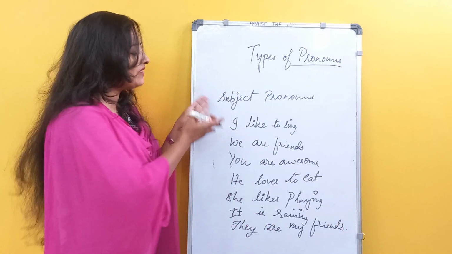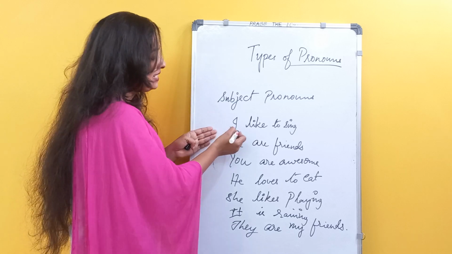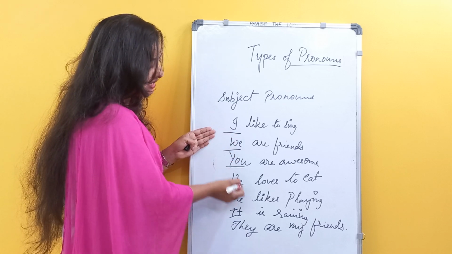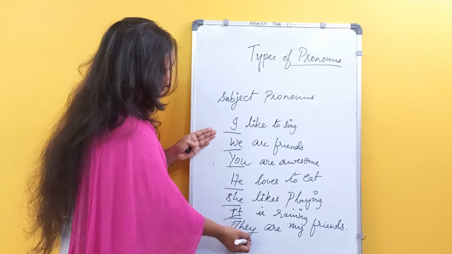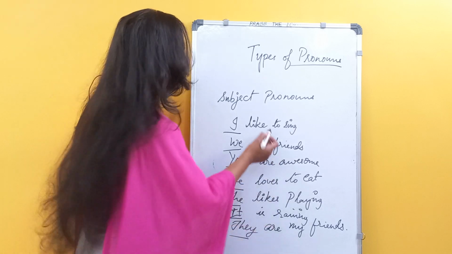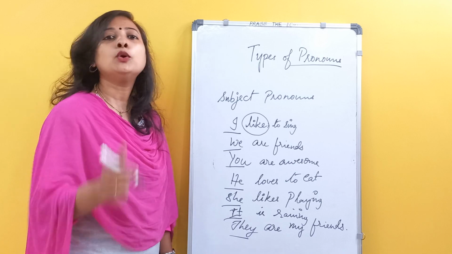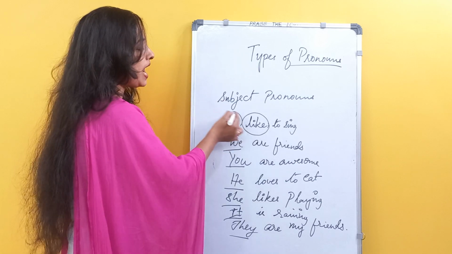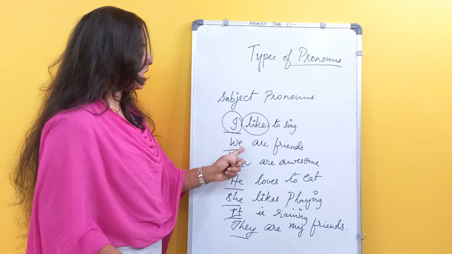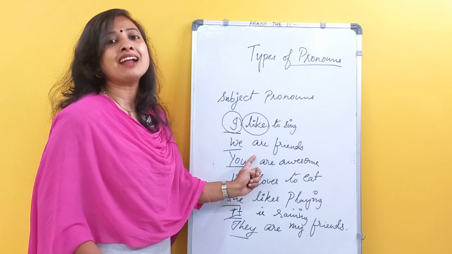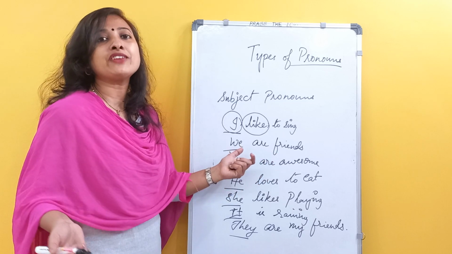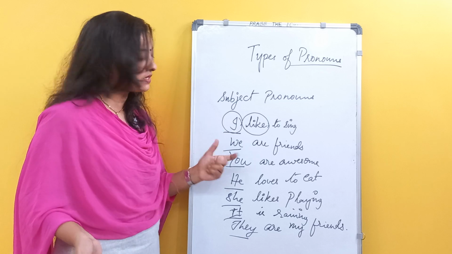So in this, you can find the subject. How are you finding the subject? See, this is the verb like. Who likes? I like. So I is the subject. Now, we are friends. Are is the helping verb. So who are friends? We. So we is the subject here.